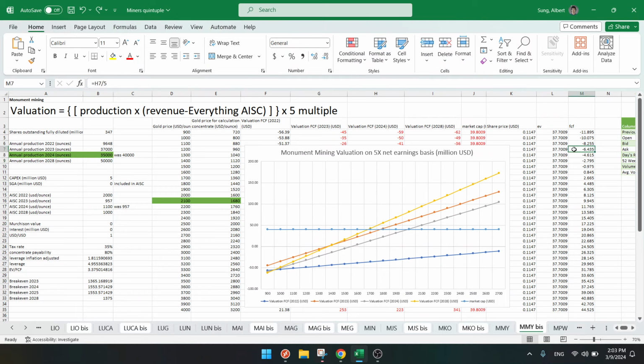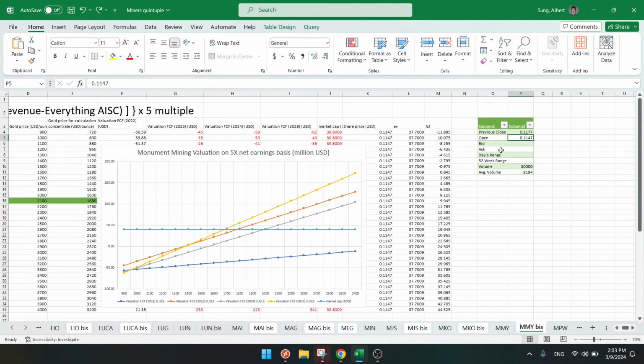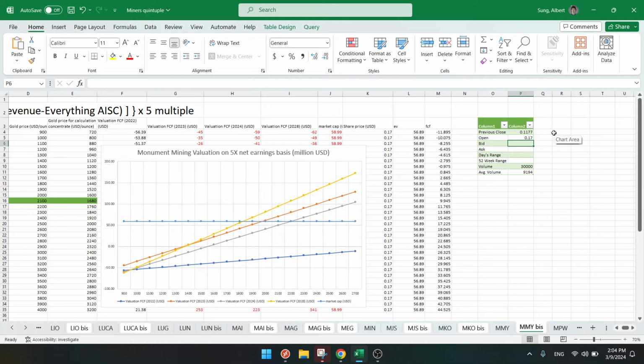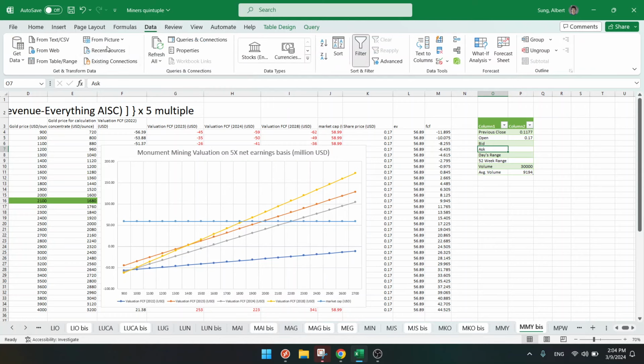Let's copy this. Let's say Monument Mining tomorrow goes up 50% to 0.17, right? And this is a table that I can just refresh. Just click on the refresh button and then this will update. That's the share price, which has now gone up 50%.